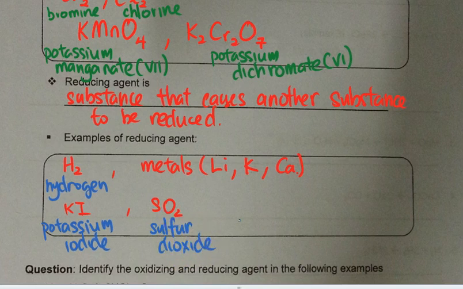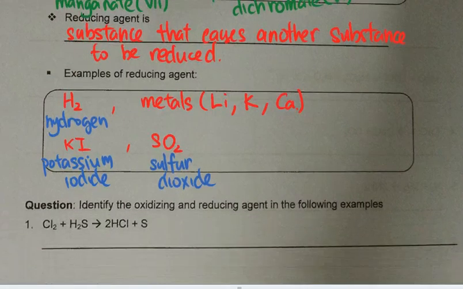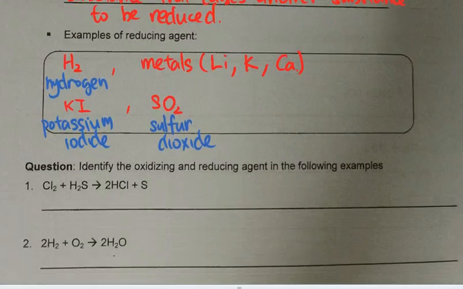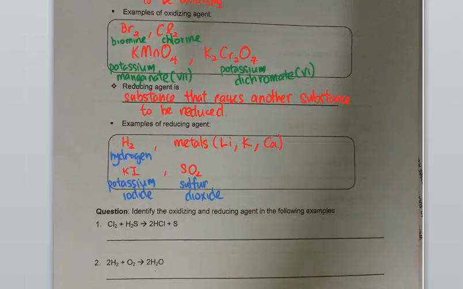Now, after knowing some of this, let's look at identifying our oxidizing and reducing agent. So interestingly, if you have seen our thing before that, examples of oxidizing agent, ta-da, Cl2. So this is an oxidizing agent.